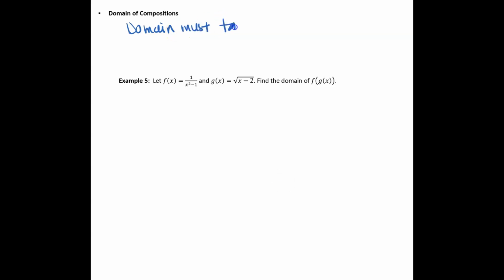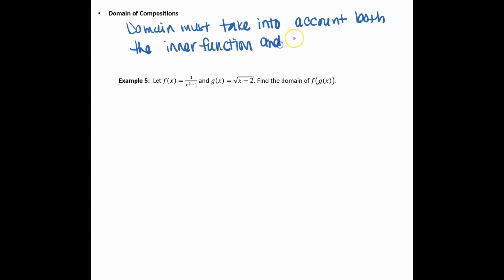It must take into account both the inner function and the composition. I mean, you're putting pieces together, so you can't ignore one and just focus on the other. You've got to think about how this is going on. What is the inner function's domain, and how is it being comprised in that composition?